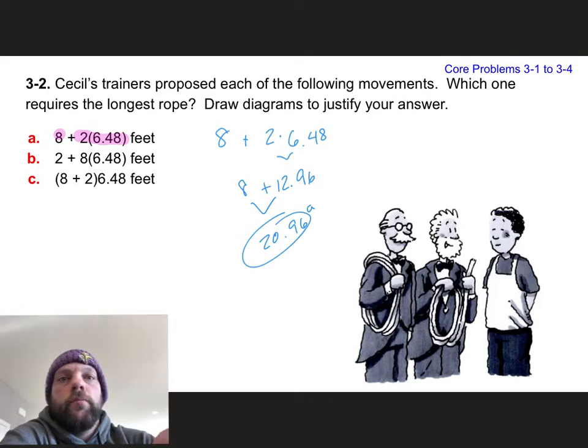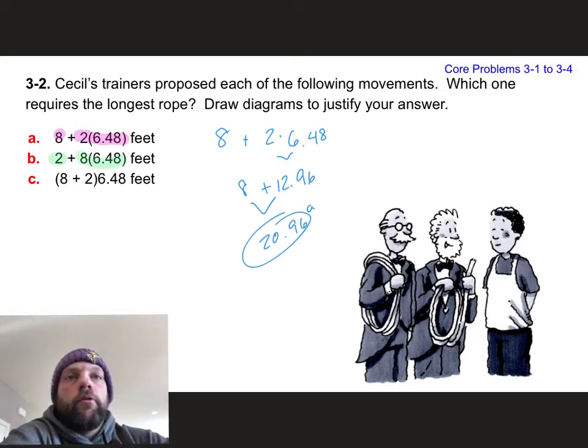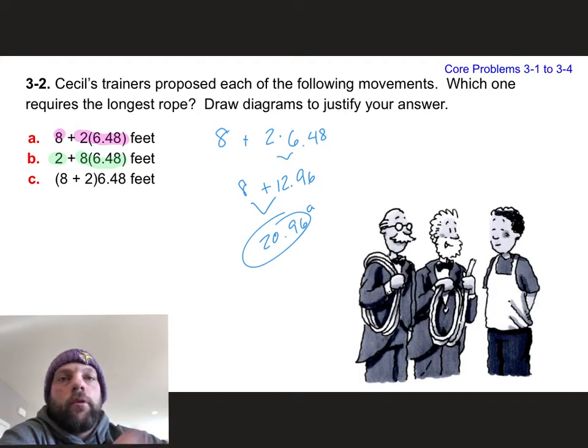Then moving on to B, I have my group there of 2, and then I have 8 groups of 6.48.